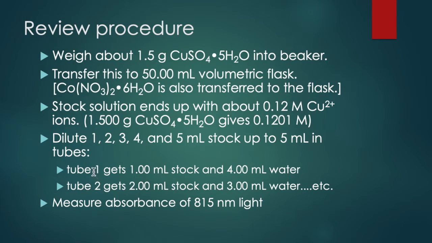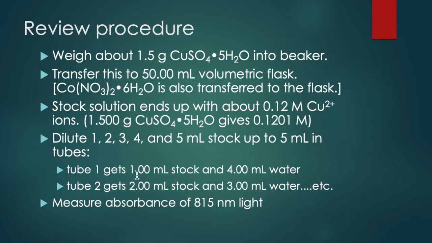And the way that that's done is that tube 1 would get 1 milliliter of stock and 4 milliliters of water. So we're diluting all these volumes up to about 5 milliliters, and we're using a burette, so the readings do go 2 past the decimal, but we're diluting it from 1 milliliter to a total final volume of 5 milliliters.